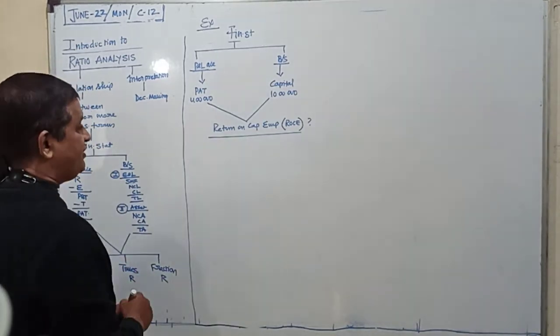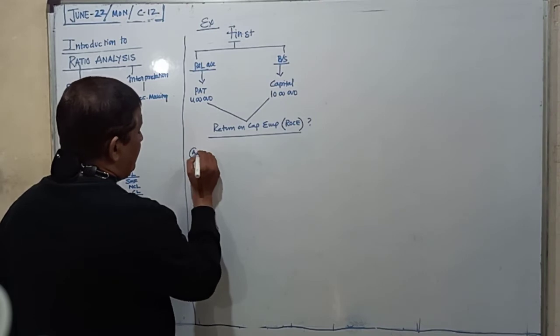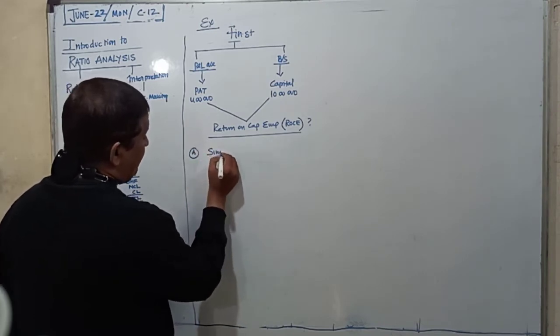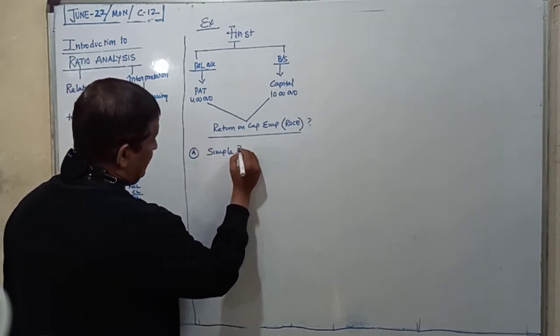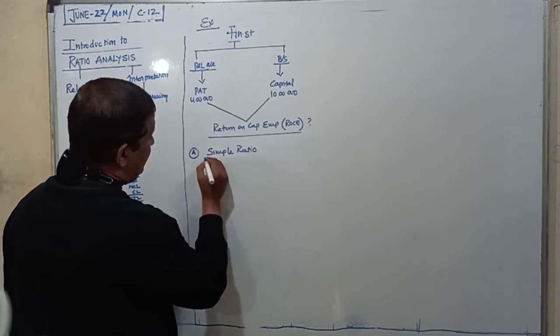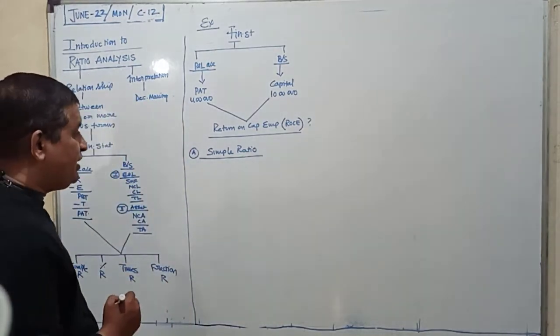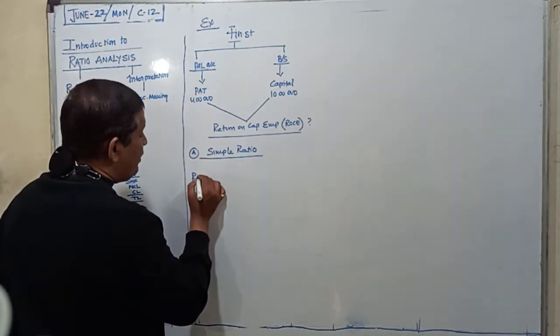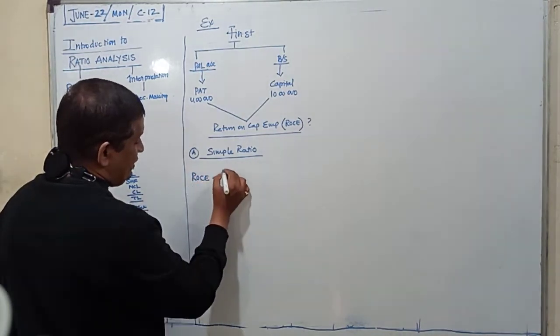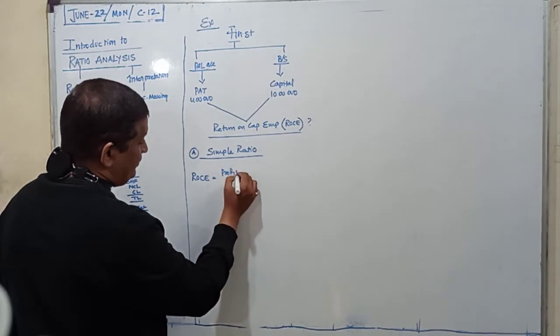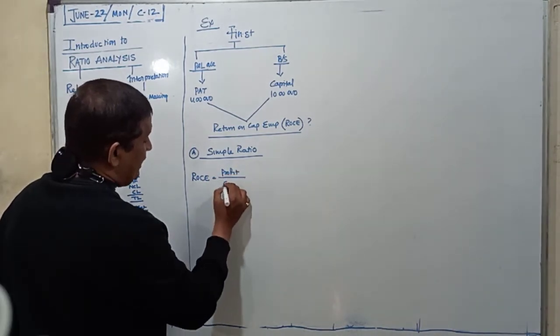Now let us see the first one: a simple ratio. What do you mean by a simple ratio? Return on capital employed is equal to profit divided by capital.